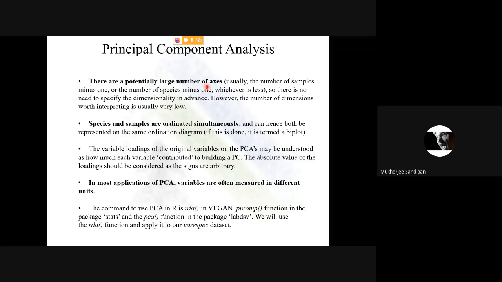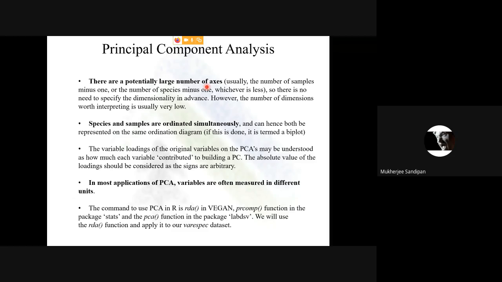For example, let's say you have plant distribution data where you have counts. Species 1 is 1, species 2 is 0, species 3 is 5, species 10 is, let's say, 9. So all of your values are on the scale of 1, 2, 0, 5, 10.